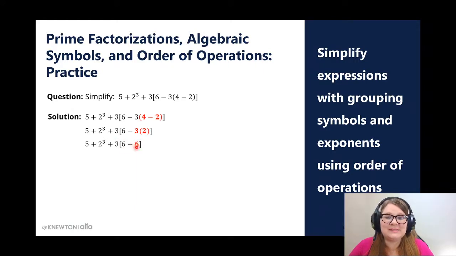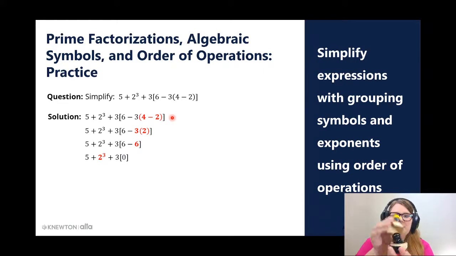So 6 minus 6 is 0. Again, notice what we did. We started with the innermost parentheses. We simplified that. Then we simplified the next set of parentheses. You want to think of this almost like nesting dolls, where you have one inside of another, inside of another. You always start with the smallest nesting doll, and then you work your way back out.